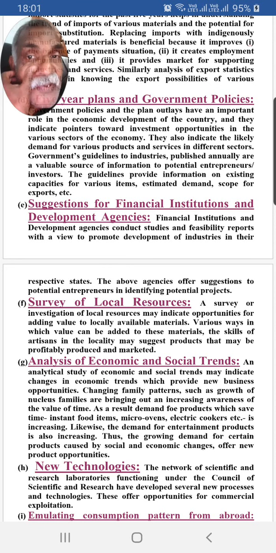Financial institutions and development agencies conduct studies and feasibility reports with a view to promote development of industry in their respective regions or respective states, so that there should not be regional imbalances. These agencies offer suggestions to potential entrepreneurs in identifying potential projects.